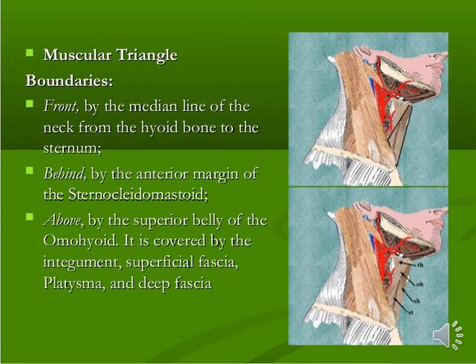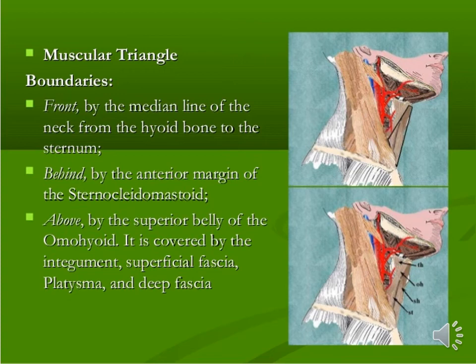The fourth triangle, the last triangle within the anterior triangle, is the muscular triangle, or call it the visceral triangle, due to the presence of viscera within the triangle. Its boundaries: in front by the midline of the neck from the hyoid bone to the sternum, behind by the anterior margin of the sternocleidomastoid muscle, above by the superior belly of the omohyoid muscle.